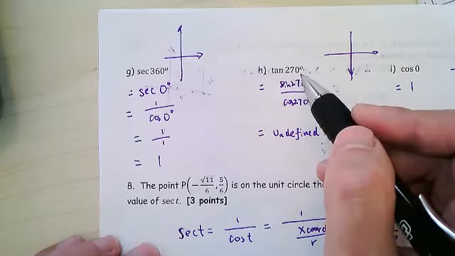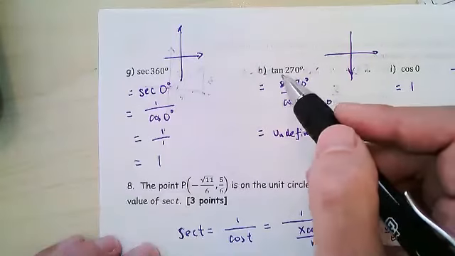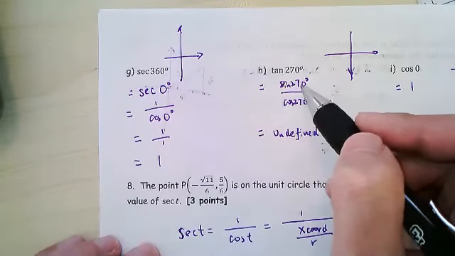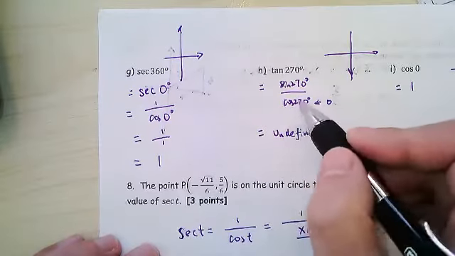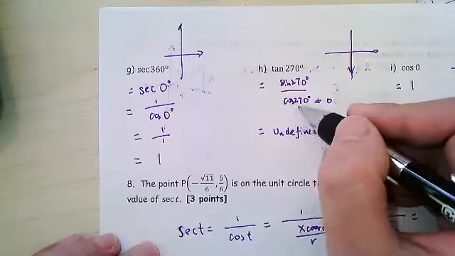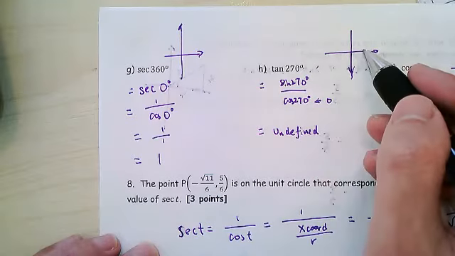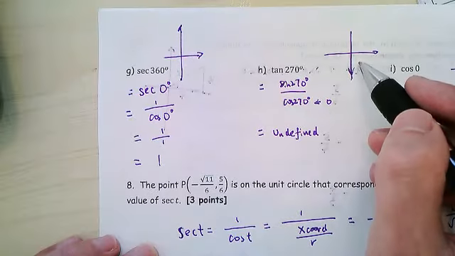What is tangent 270? Again, the definition of tangent is sine over cosine. However, the problem is here. Look at this cosine 270 degrees. You travel from here until you get here, this 270 degrees.